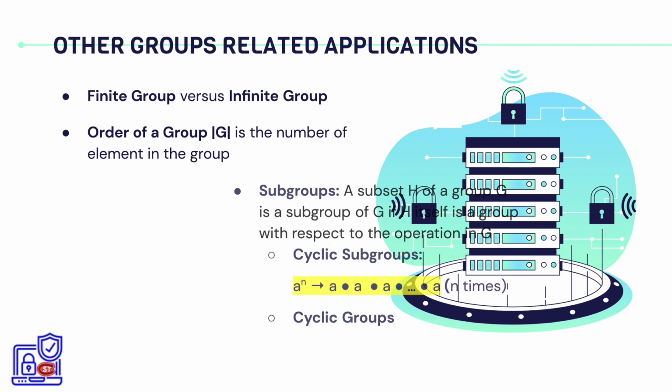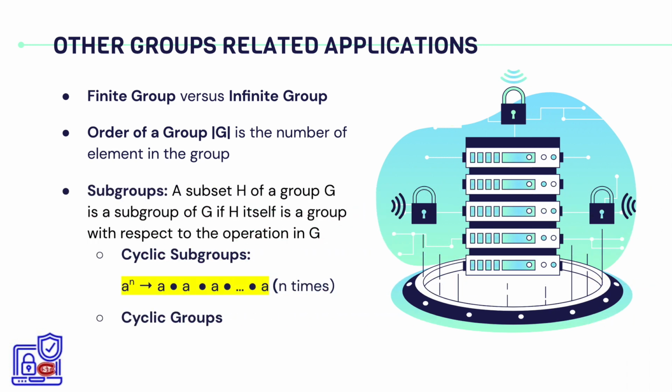Moving on to subgroups, a subset H of a group G is a subgroup of G if H itself is a group with respect to the operation in G. This will make more sense once we go into examples right after this slide, but before that, it's necessary to mention cyclic subgroups. Basically, if a subgroup of a group can be generated using the power of an element, the subgroup is cyclic. From there we have cyclic groups, which is a group that is its own cyclic subgroup.